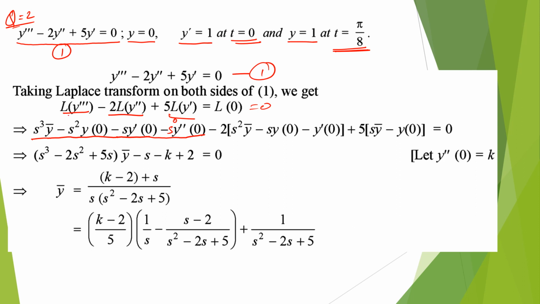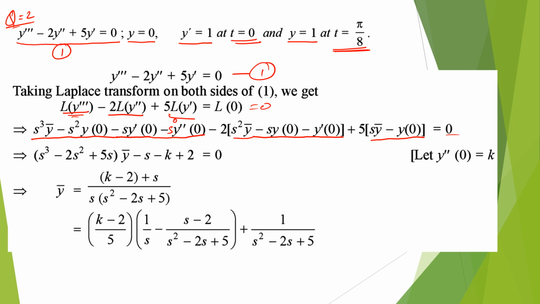This is for the third derivative. Now for the second derivative, 2 into s square Laplace of y minus s y 0 minus y dash 0, and for the first derivative, 5 into s Laplace of y minus y 0, is equal to 0.